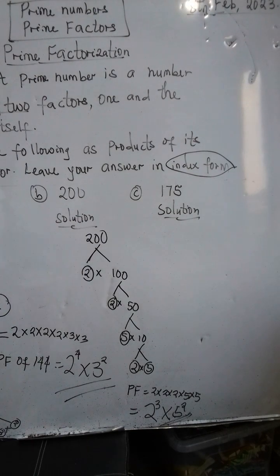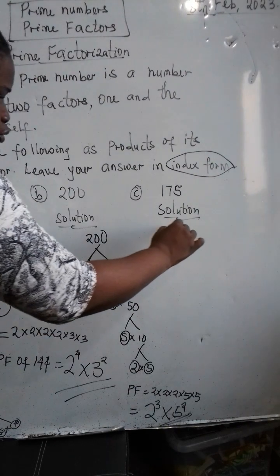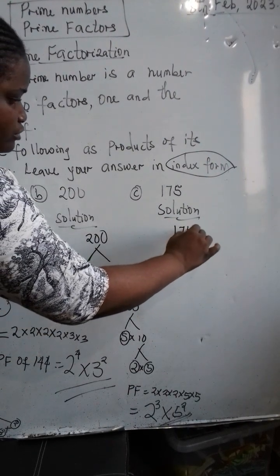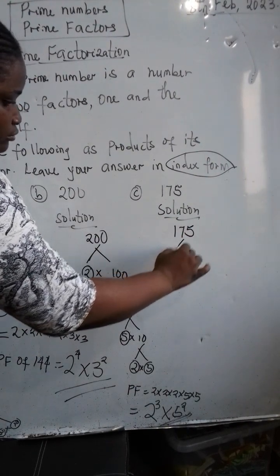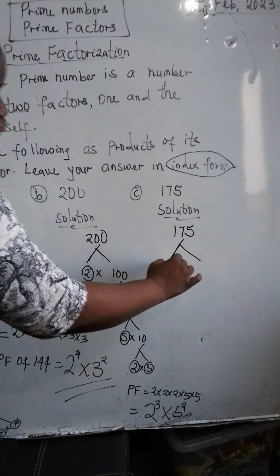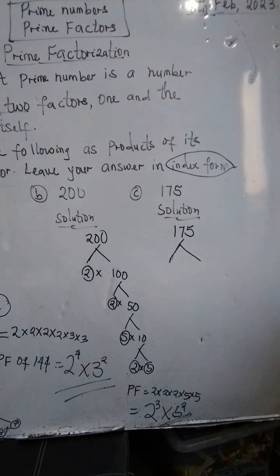Okay, let's look this way. So this is 175 as usual. Can we think of two numbers that must be multiplied? 5 times what?